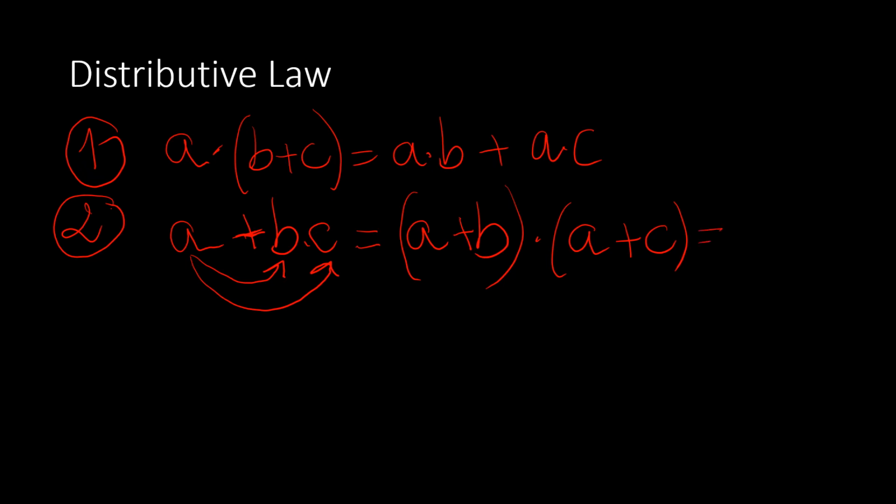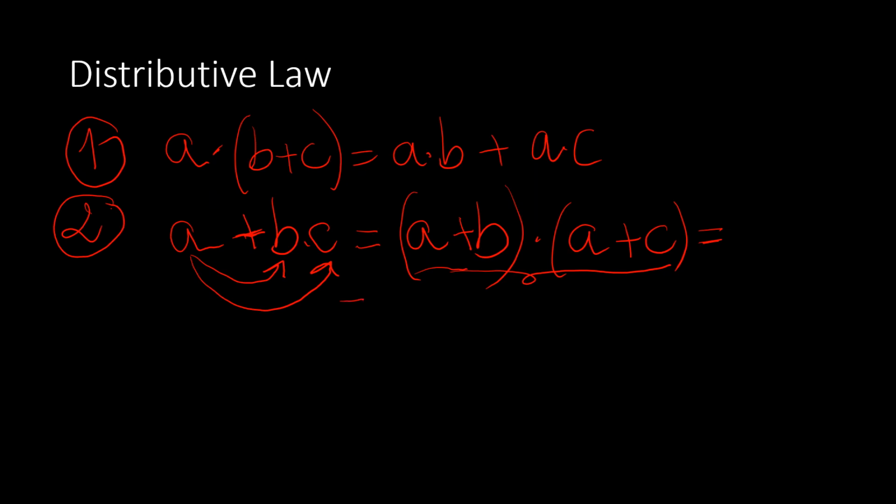This is very easy. If you want, we can develop the second side of the expression. If we develop it, we need to obtain the first part, that is A or B ANDed with C. So let's develop, let's open the parentheses.